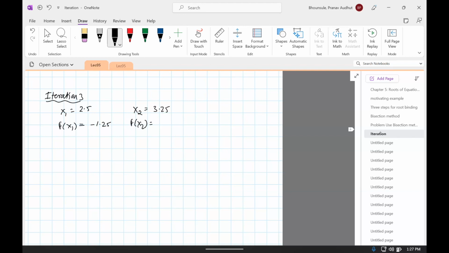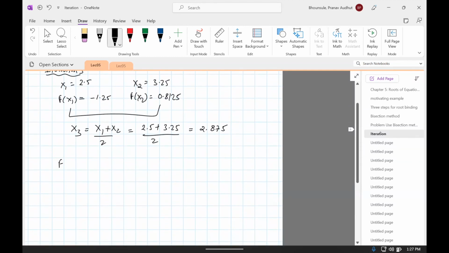F of x2, we've also computed in the past, so it's 0.8125. Using these two values, we can compute a new guess. x3 equals x1 plus x2 divided by 2. So it's 2.5 plus 3.25 divided by 2. That's 2.875.